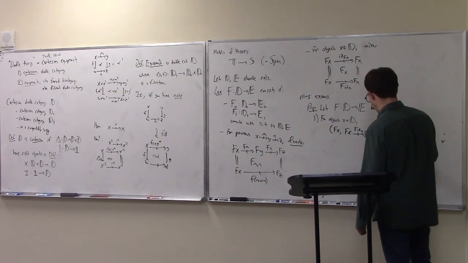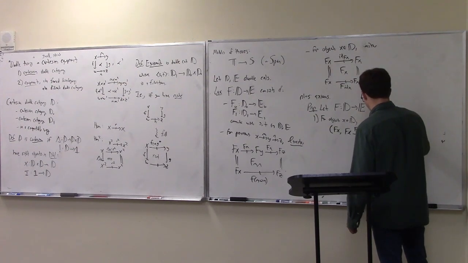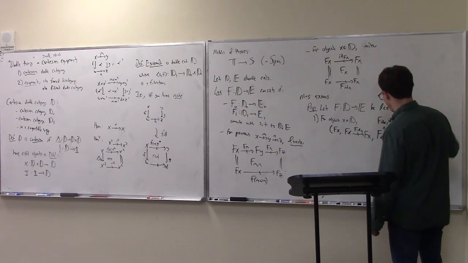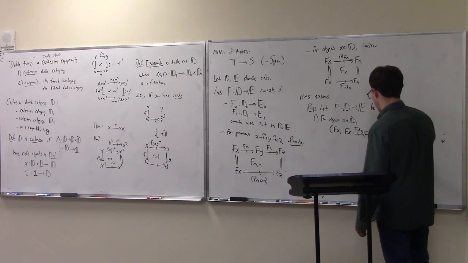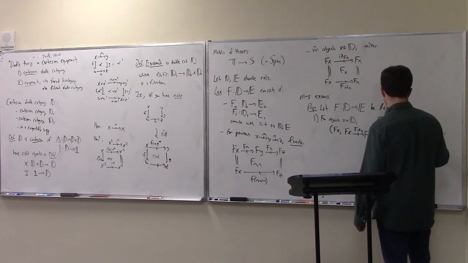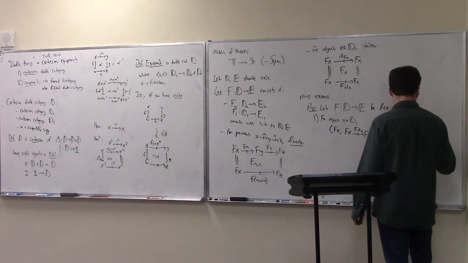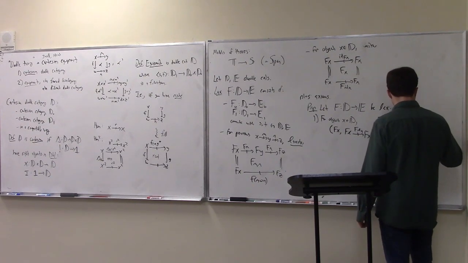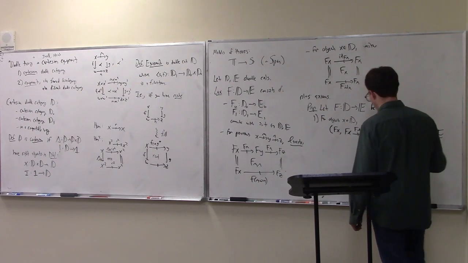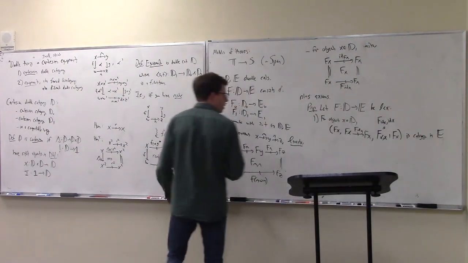So I'll write F underscore XX. This is a shorthand for F id X, comma, F id X. And finally, the unit for this is the uniter. So this is a category in E, similar to the definition that I gave earlier.